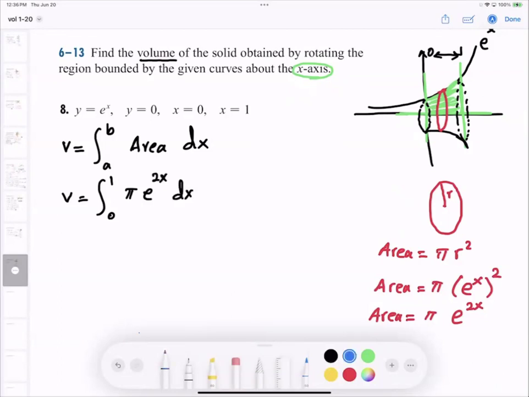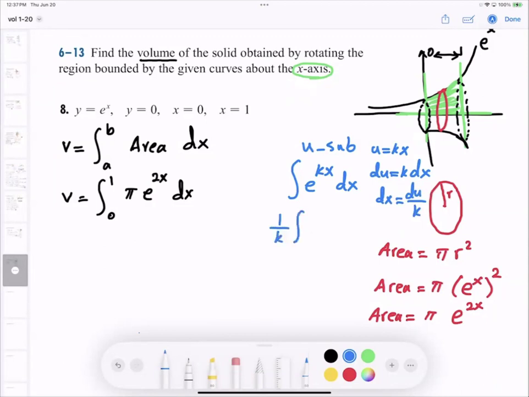Remember that we use u-substitution to find the integral of e to the power kx dx. So when u is equal to kx, du is k dx, or dx is du divided by k. This is 1 over k times the integral of e to the u du, or 1 over k e to the power kx plus the constant of integration.